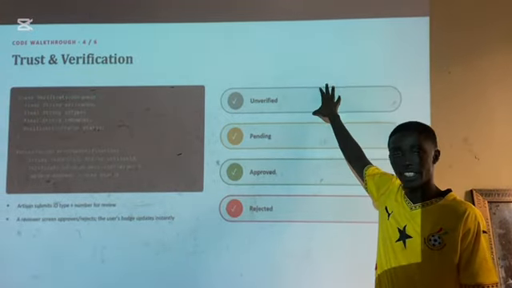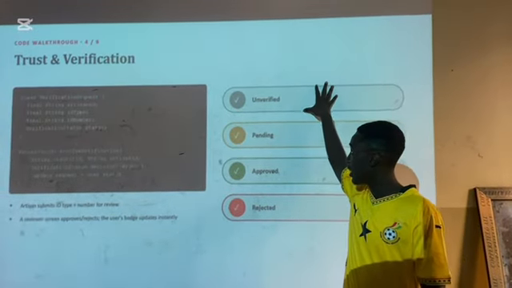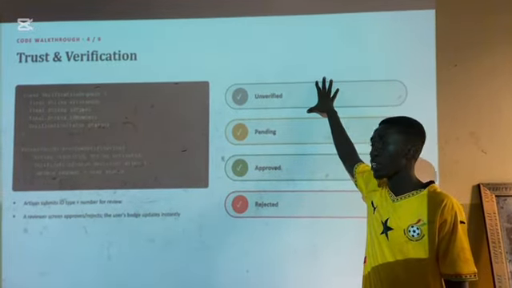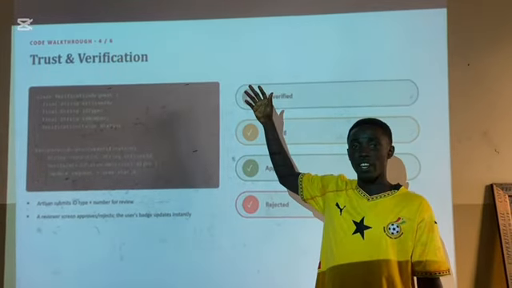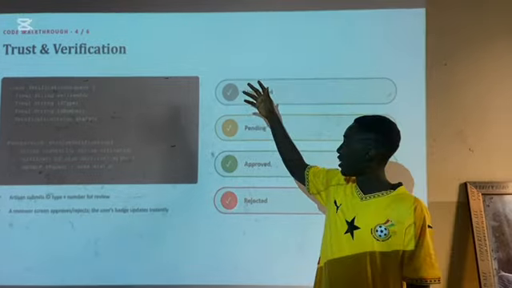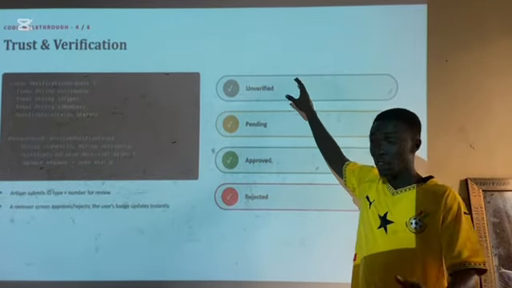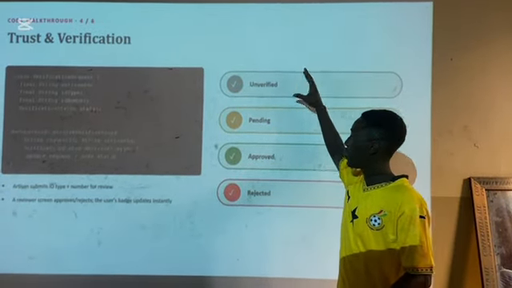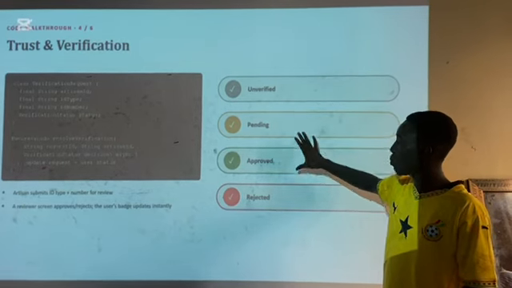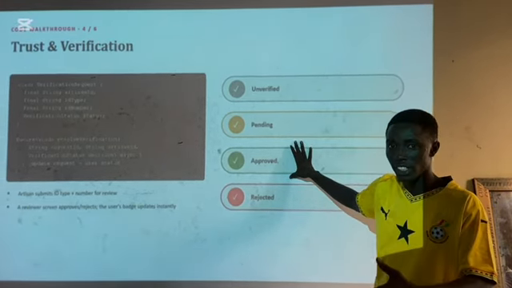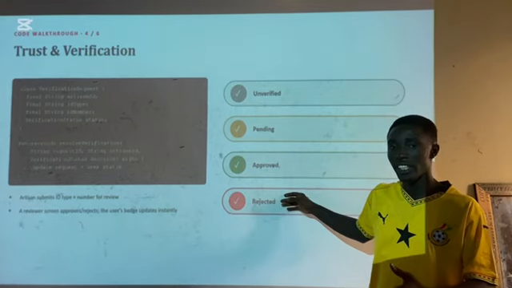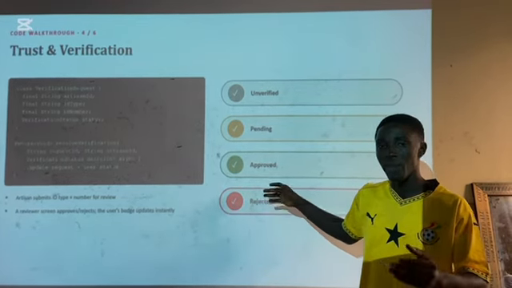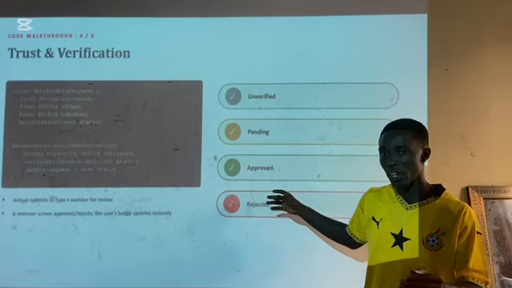The system needs to verify whether the information provided matches the owner's details. After you submit the details needed, the phase is shifted to pending, and then it is approved if it matches the owner's details, but rejected if maybe the images are not clear enough.